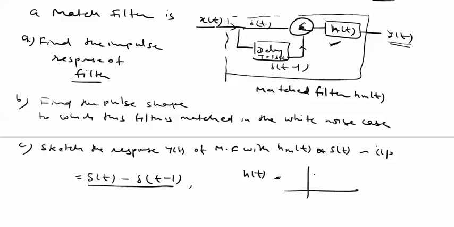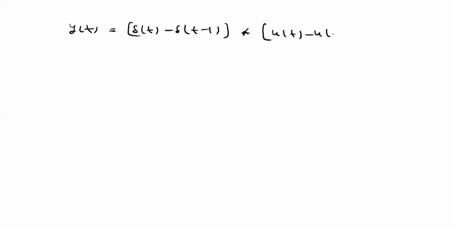s(t) is given to us as u(t) minus u(t minus half), with amplitude 1.5. This pattern convolved with the impulse gives the result y(t). So y(t) comes from delta(t) plus delta(t minus 1) convolution with h(t), which is u(t) minus u(t minus half).